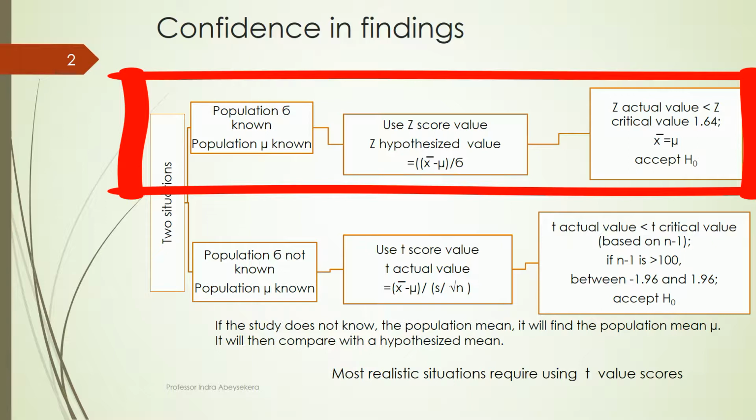If you want to place confidence that the sample mean lies within the population mean, then we have to make an estimate with 95% confidence.